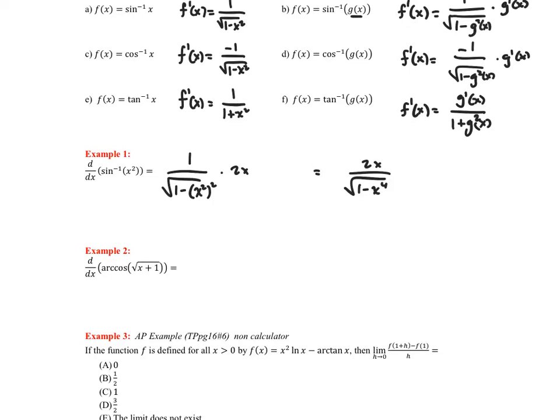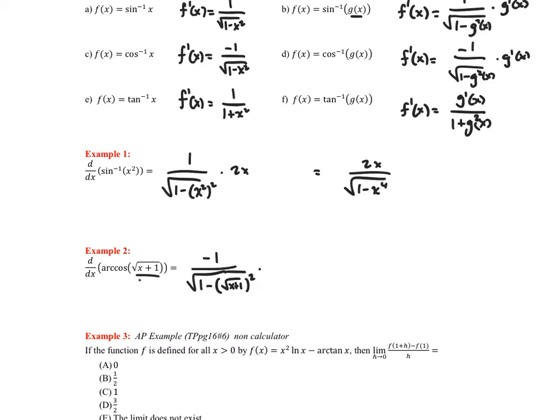All right, how about the derivative of arc cosine of the square root of x plus 1? Okay, so arc cosine's derivative is negative 1 over the square root of 1 minus the function squared, times the derivative of the inner function.